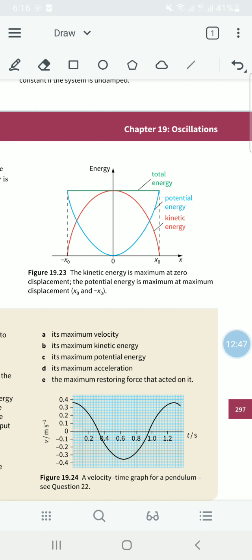At any given point, the sum of the potential energy and kinetic energy would be the same. That is the total energy, which would be the same.